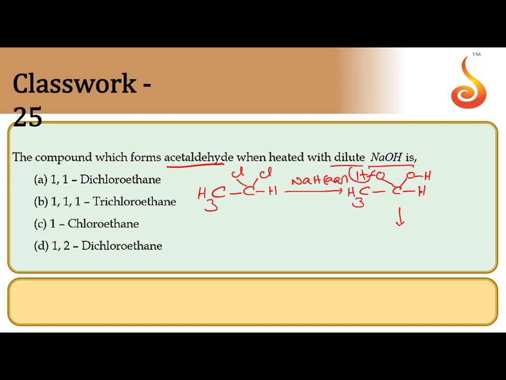That's why an H2O molecule is eliminated immediately from both OH groups. So due to elimination of H2O, dehydration, CH3CHO. So between oxygen and carbon, a pi bond is created. This is nothing but acetaldehyde. So the first option only gives the correct answer, 1,1-dichloroethane. If this is not the correct answer, you should go for B. You have to check the B option next to the C option.